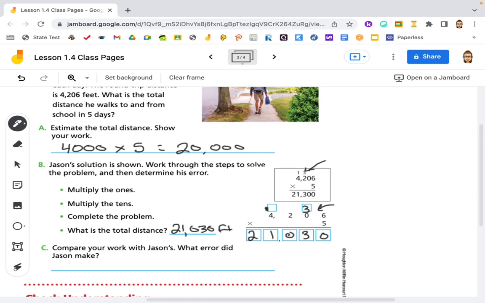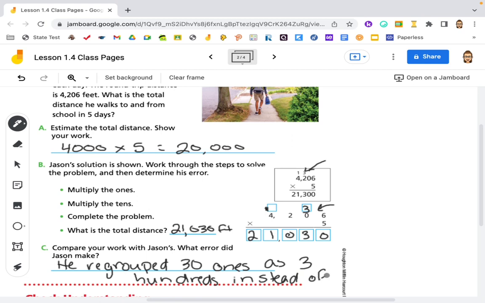So he regrouped 30 ones as 300s instead of 3 tens.